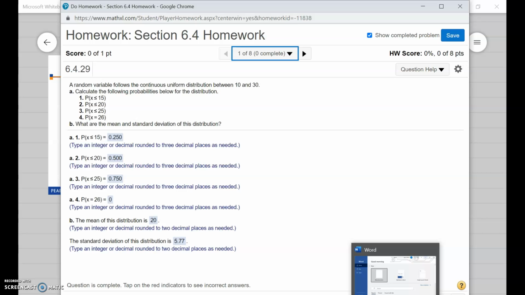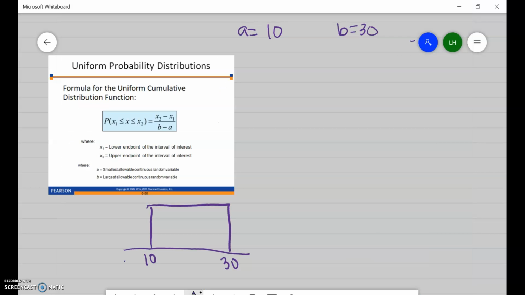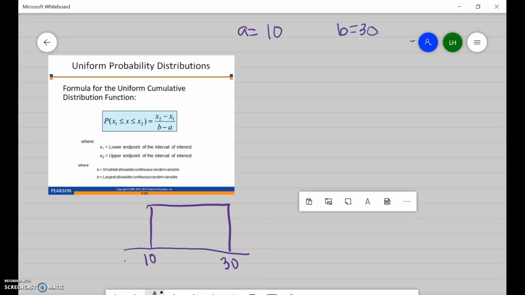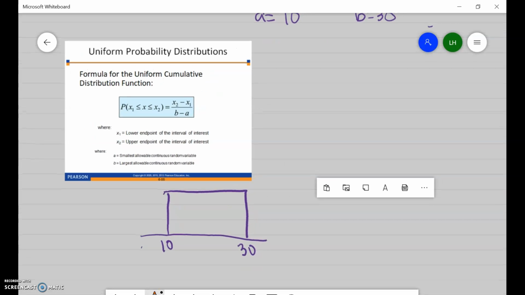Alright, so what we're looking at here is, let's say 15 is, I'm just going to pick a place to put 15. So we want it to be less than or equal. So A and B, we can go ahead and label.